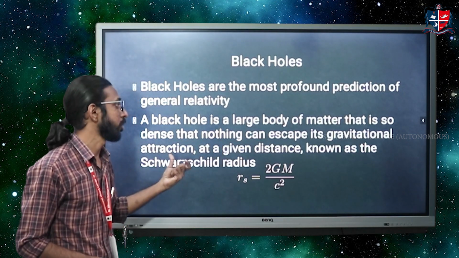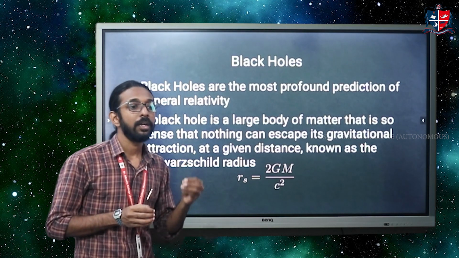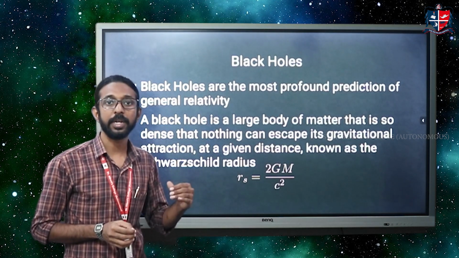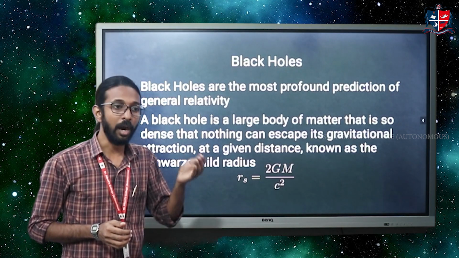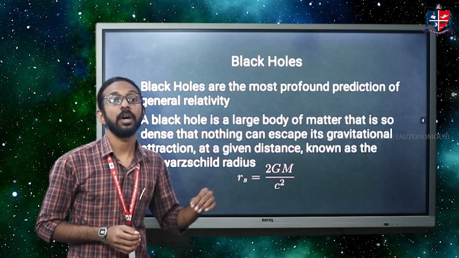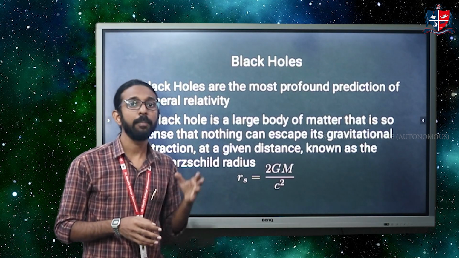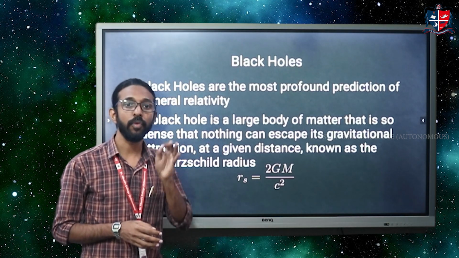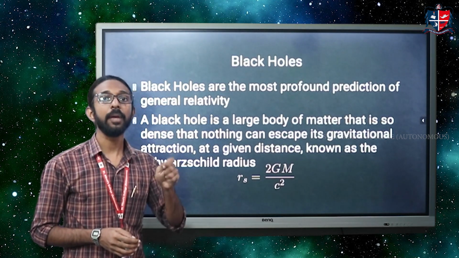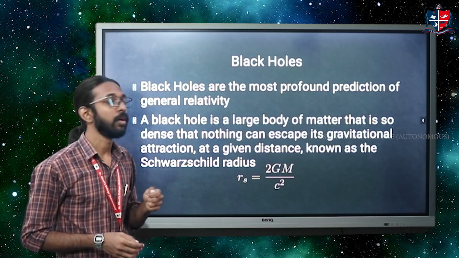In the previous lesson we looked at how massive bodies warp space-time. Earth will warp the space-time only a little bit, whereas a massive star can warp the space-time even more, and a black hole can essentially warp the space-time infinitely so that nothing will be able to escape the warp of space-time of the black hole.